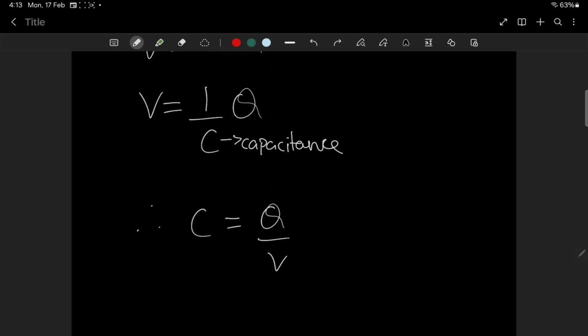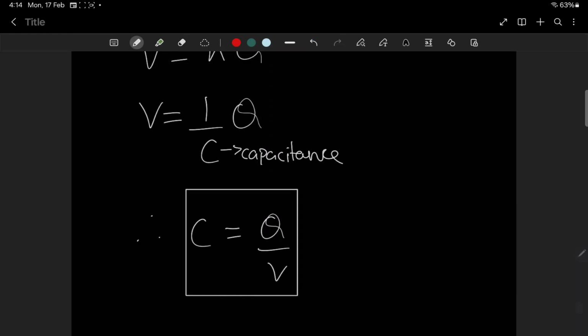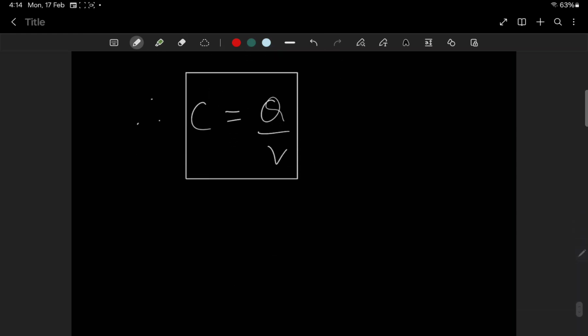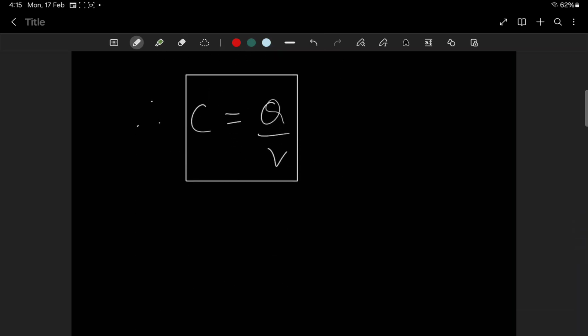So how are we getting capacitance? Voltage is directly proportional to charge. As you know, 1 by C is a constant.